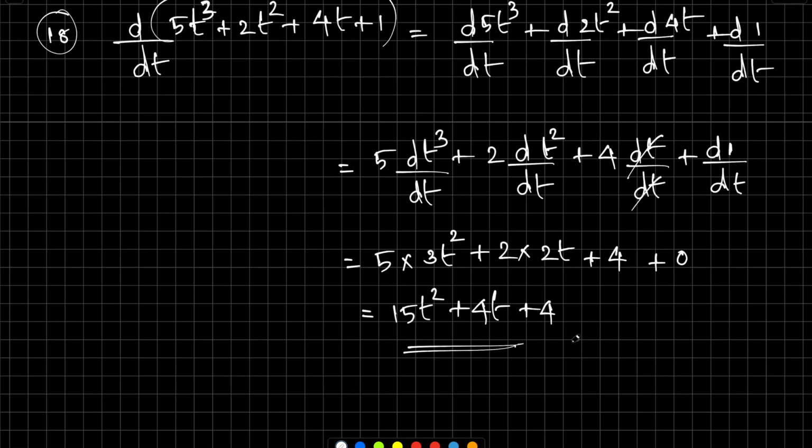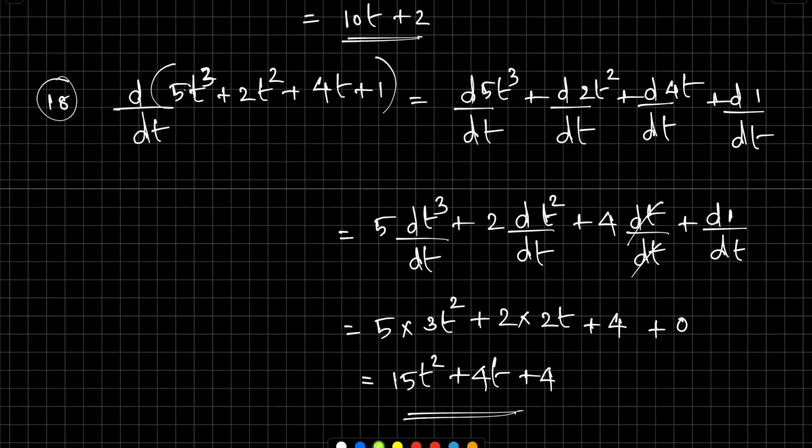Alright, now there is a shortcut for this. Multiply the power with the coefficient. 5 times 3 is 15. Then t to the power of the power minus 1, which is 3 minus 1, 2. So again, the second term, 2 times 2 is 4.